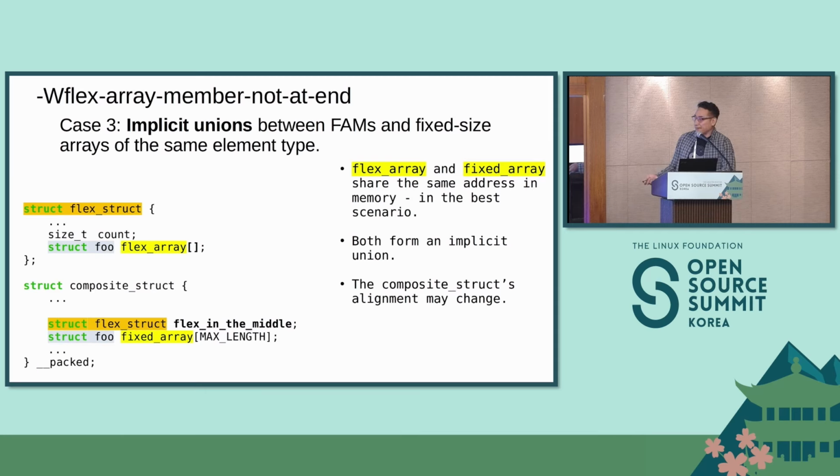That is going to create some misalignment between these two arrays, and that is going to be an issue. I have found a couple of cases where I ran into these issues, and I reported them. In fact, it wasn't intentional to have padding between the start addresses of these two arrays. So in those cases, people would need to use a static assert after the composite structure to make sure that the offset of the start of the flexible array is exactly the same as the offset of the start of the fixed size array.